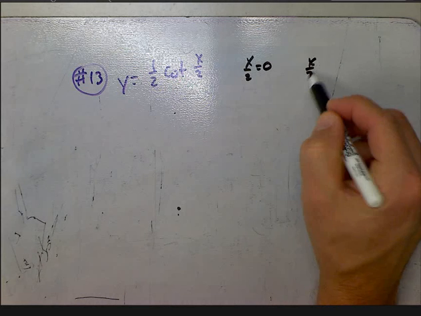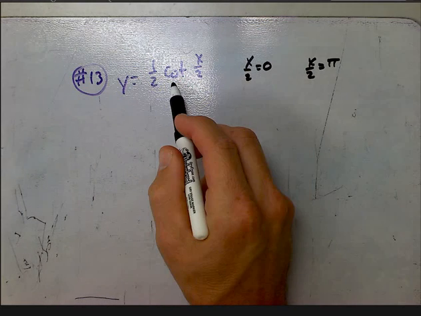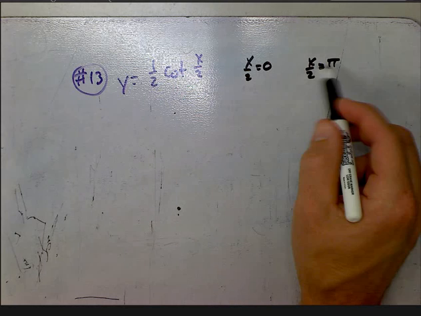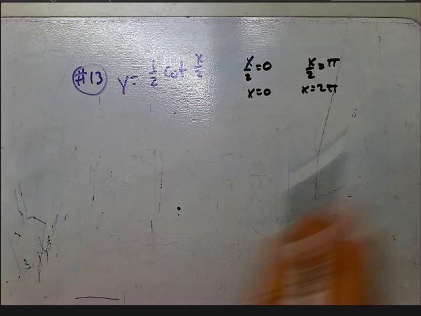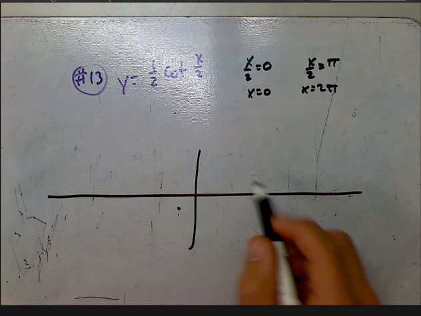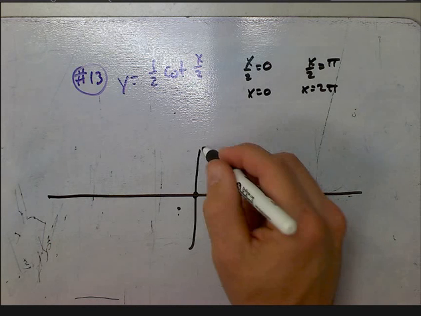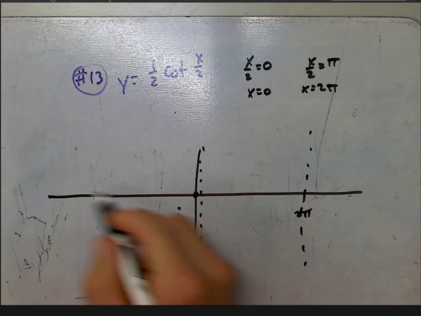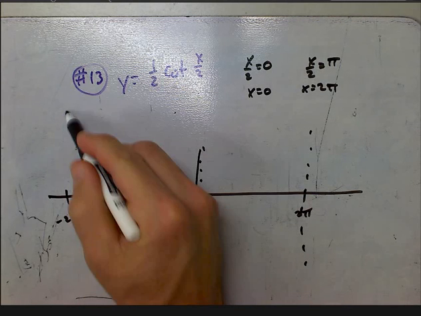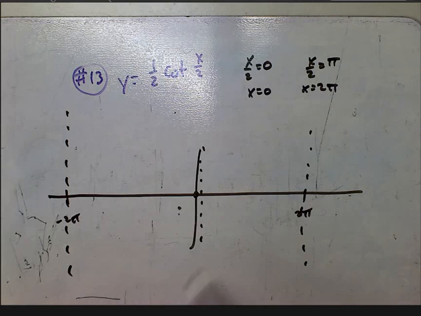Because we're talking about cotangent, we're going to set it equal to 0, set it equal to pi. So still at 0. Now we're at 2 pi. So 2 pi is the asymptote, which means negative 2 pi is also an asymptote for two consecutive periods. Halfway between is the 0.